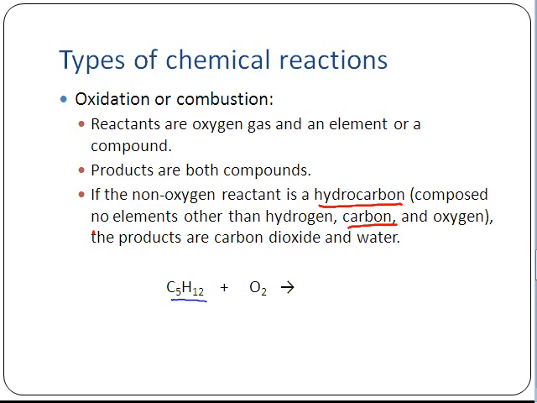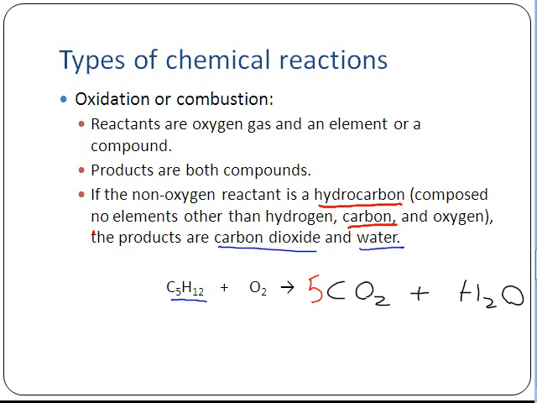Whenever we have a hydrocarbon plus oxygen, it's simply going to give us products, carbon dioxide and water. And so to write this out, we say CO2 plus H2O, just like that. Now we simply just have to balance it. On your left side, you have 5 carbons. On your right, you have 1. So we put a 5 out front here.